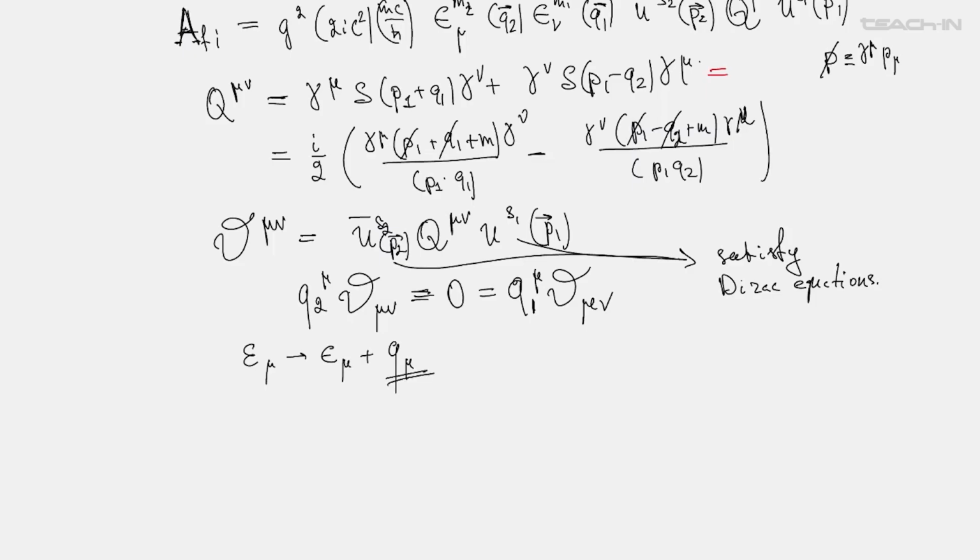So the contribution of longitudinal polarizations, which are aligned in the direction of photon momentum, does not influence the scattering amplitude. And this is, if you wish, again a manifestation of gauge invariance at the level of scattering amplitudes.